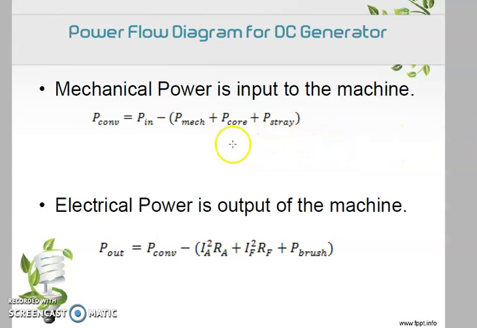Okay, in terms of equation, P conversion is equal to P in minus all the losses involved inside the generator. The electrical power output of the machine, for the generator, is P conversion minus all the internal losses.